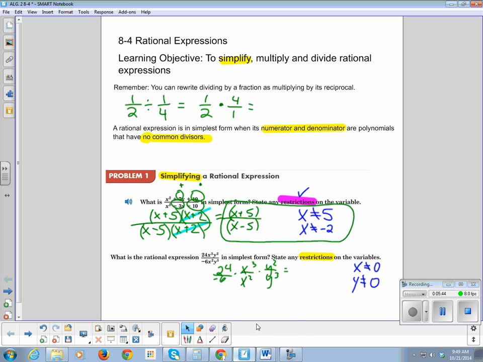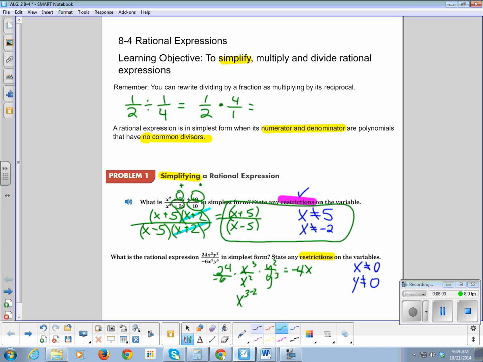24 divided by negative 6 is negative 4. Here, when we divide our bases, we subtract our exponents. So I get x to the 3 minus 2, that's the same as x to the 1.